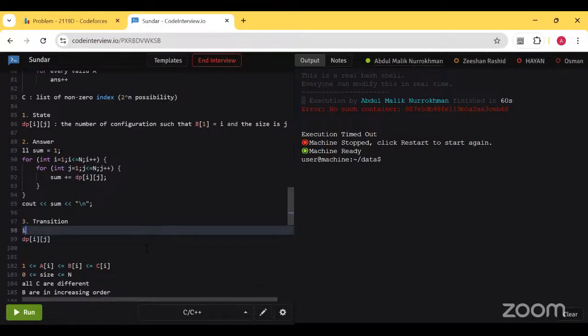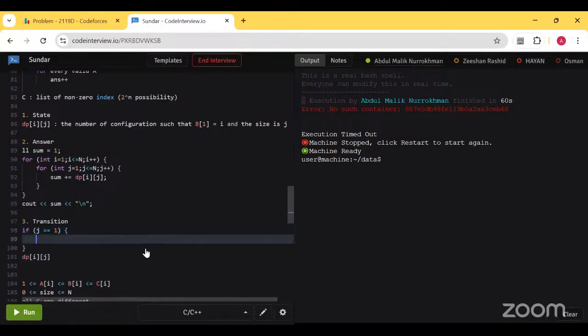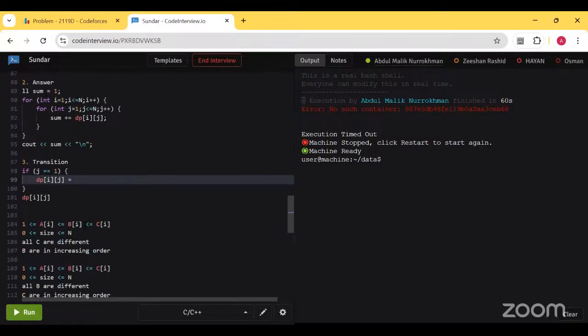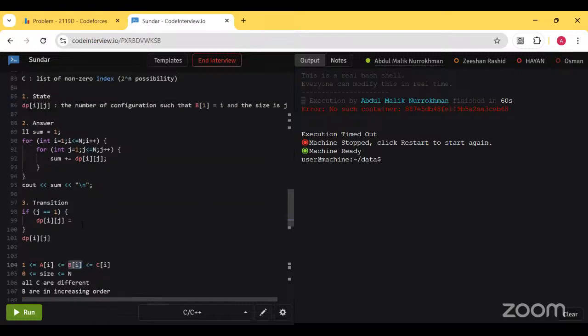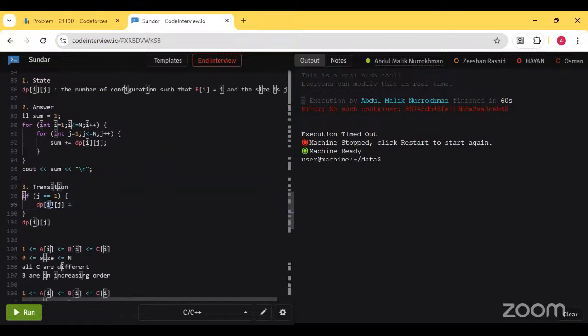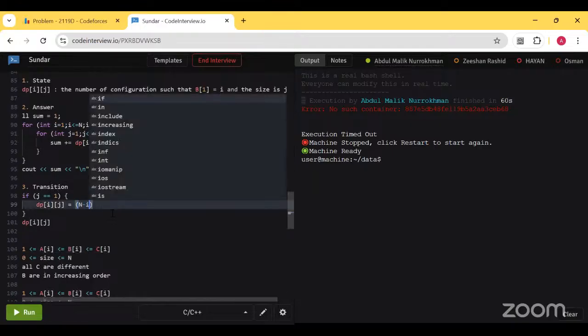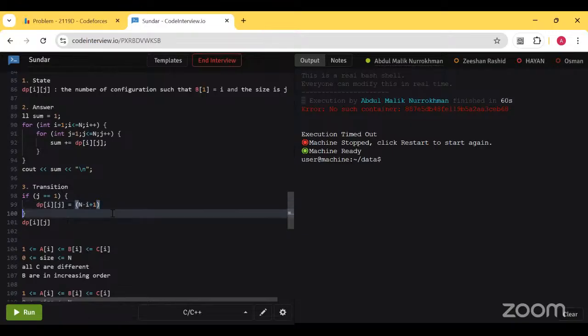Actually, if j is equal to 1, then dp_{i,j}, do you know how many possibilities? The size is only 1. Okay, we only need to think about one value, and B1 is i, so the number of valid C will be n minus i plus 1, right? The number of valid A is i. Is it correct?